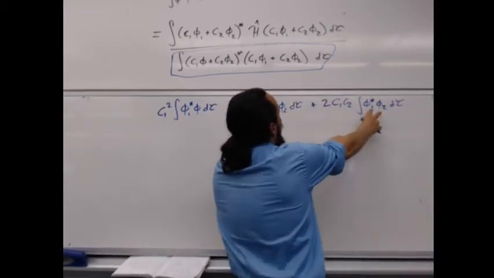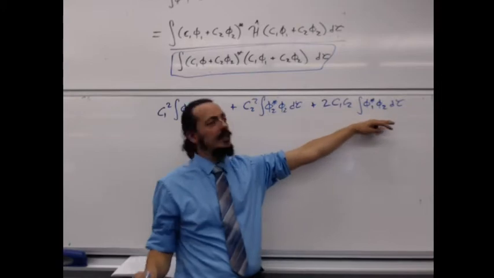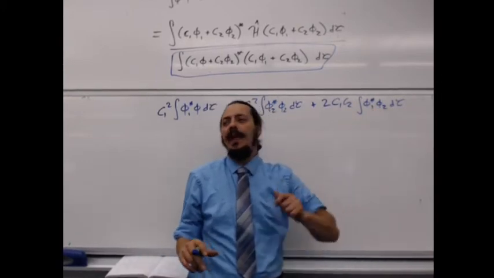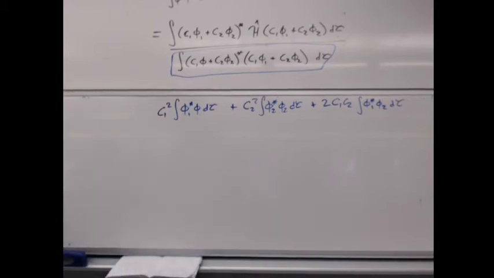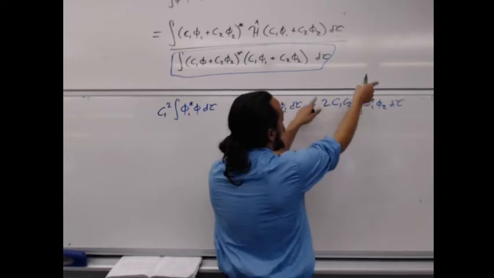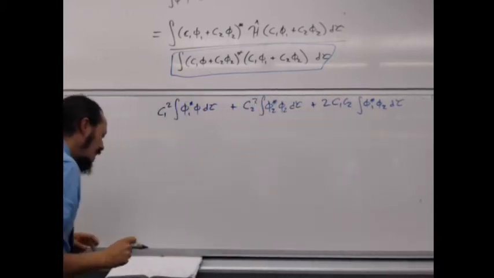And the reason I can do this is if I'm guessing real functions, then the phi 1, phi 2 order can switch. I can get C1, C2, C2, C1. That's going to be the same thing.